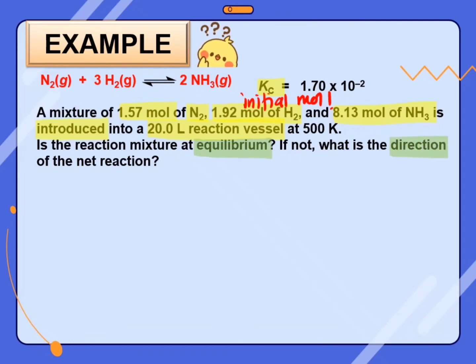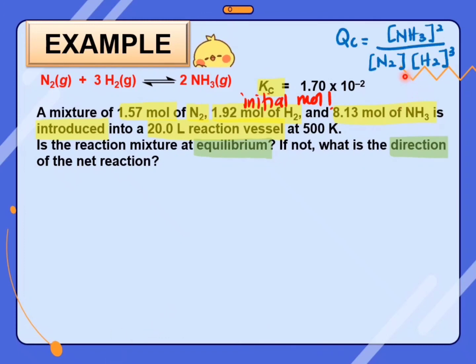If the question asks whether the system is at equilibrium, what you need to do is calculate QC or QP. Here we have the value of KC, so we calculate QC. To calculate QC, we must have the initial concentrations. So we first write the QC expression.